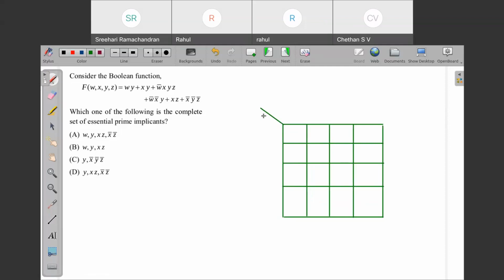So first of all, you guys need to decode this, what basically they have asked over here. Okay, what are the minterms?